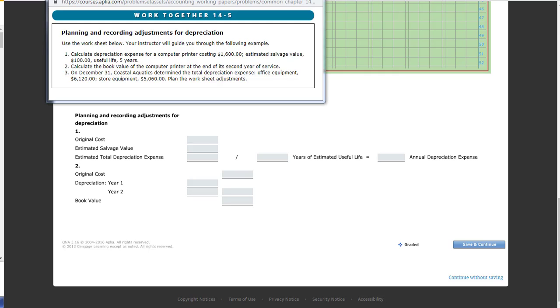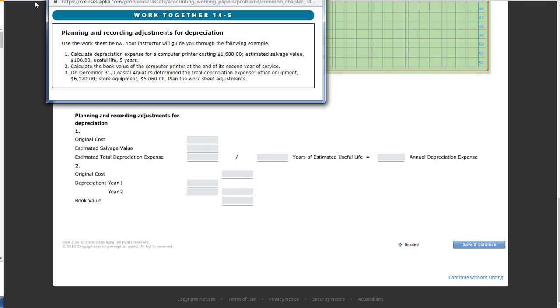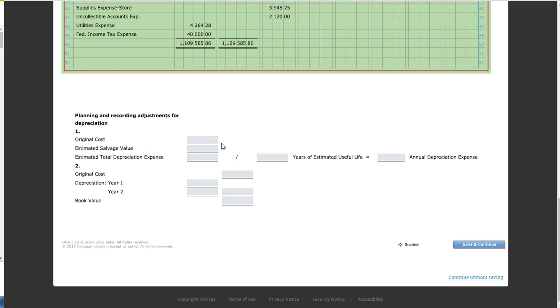So down here, they kind of have the formula to see how much we're going to be depreciating. So let's go through and do number one. Calculate depreciation expense for a computer printer costing $1,600, estimated salvage value of $100, a useful life of 5 years. So original cost, $1,600.